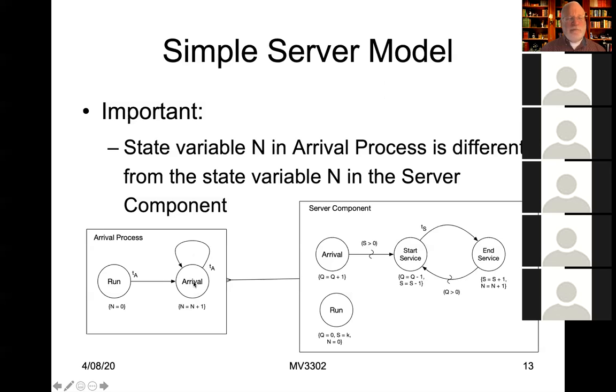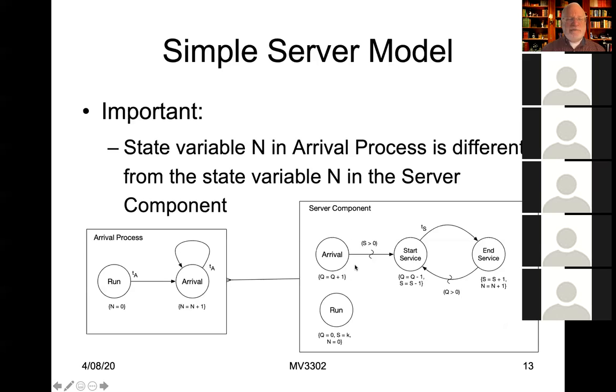In other words, when the arrival event from the arrival process is processed by the event list, this is what gets executed. And when the start service event occurs, it gets processed by the server component. So the event list basically hands the event back to the component that scheduled it and says, here, do your thing. And when you're done, I'll do my thing.